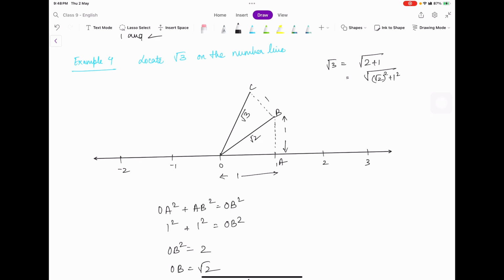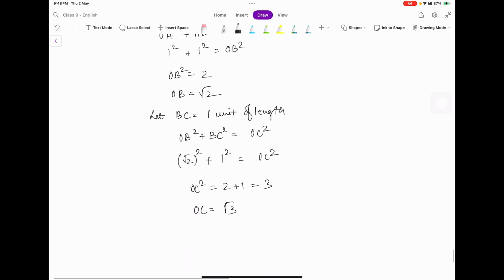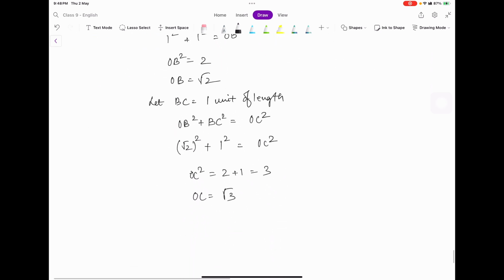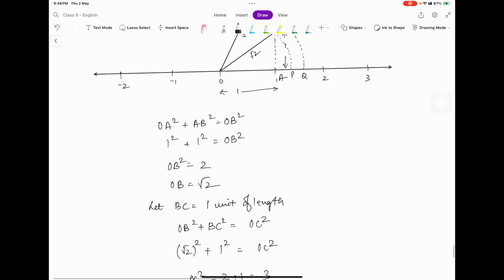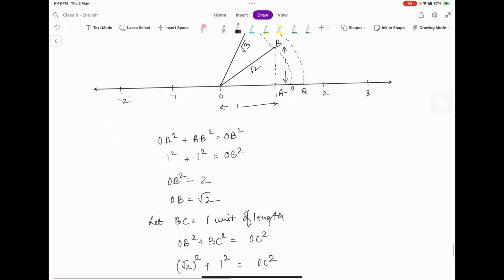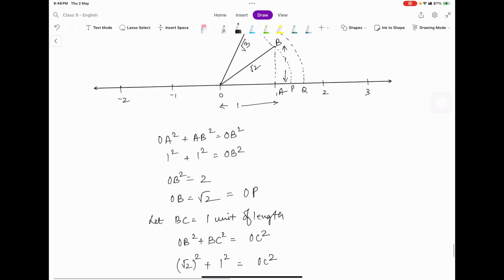Now you draw an arc. This is the arc you draw. This is point P. Again you draw an arc, and this is point Q. OC equals root 3 equals OQ. OB equals root 2 equals OP.